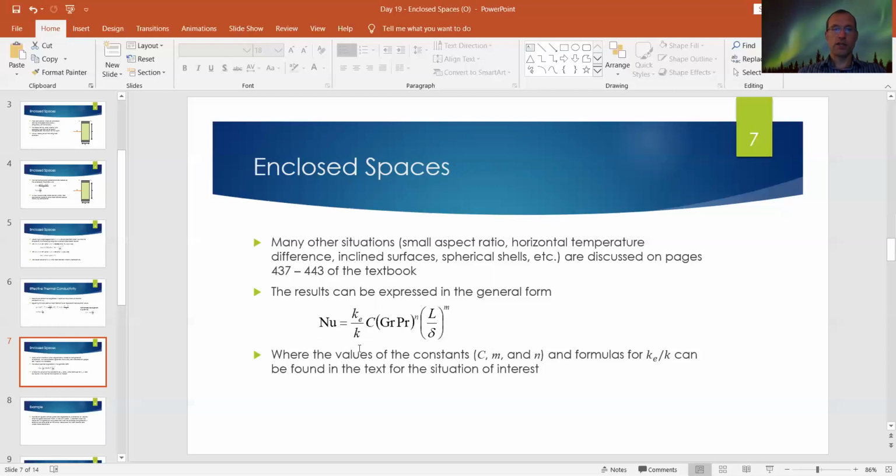My Nusselt number, Ke over K, equals some constant C, the standard Rayleigh number Gr Pr to the n power, and then possibly some aspect ratio L over delta to some m power. For whatever scenario we're dealing with, you can find values for C, m and n, and possibly a formula for Ke over K for that geometry and those conditions in terms of the Rayleigh number or whatever else is going on.